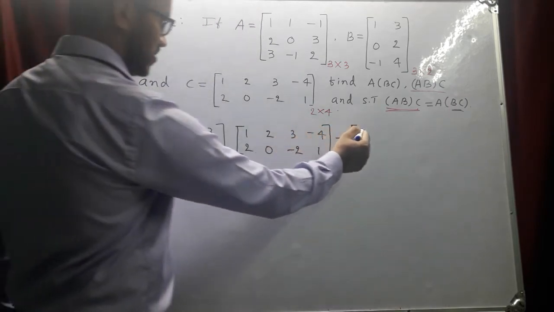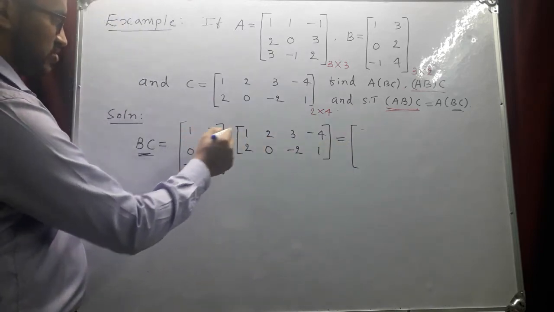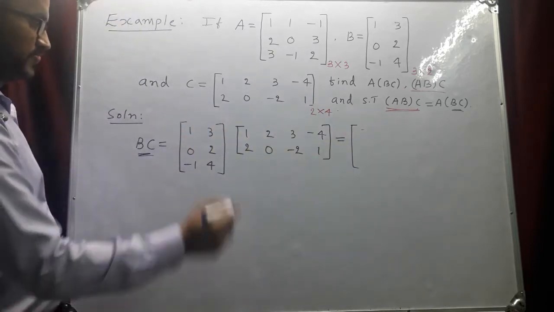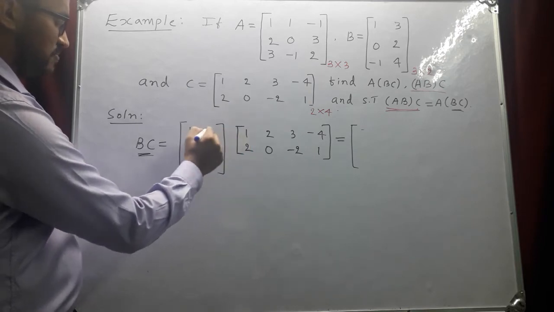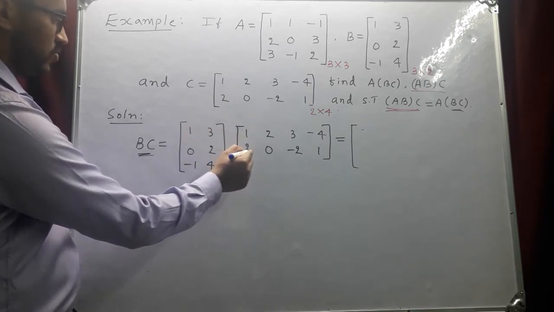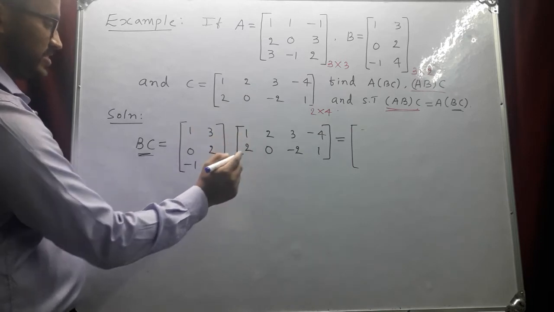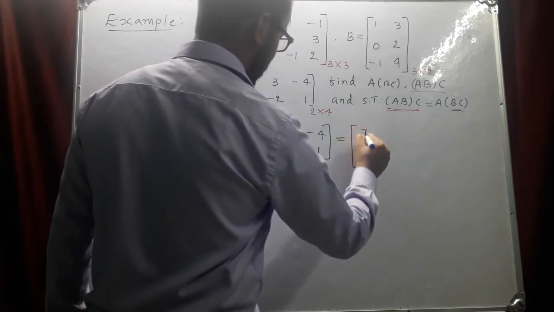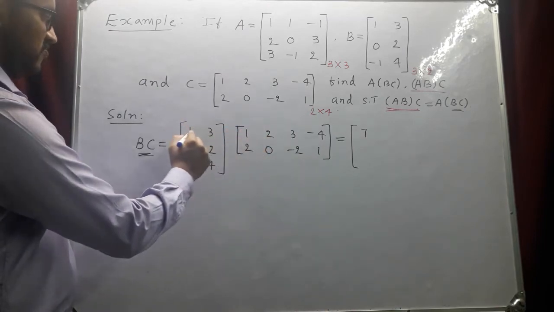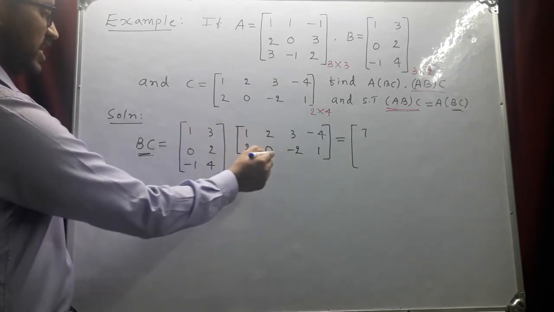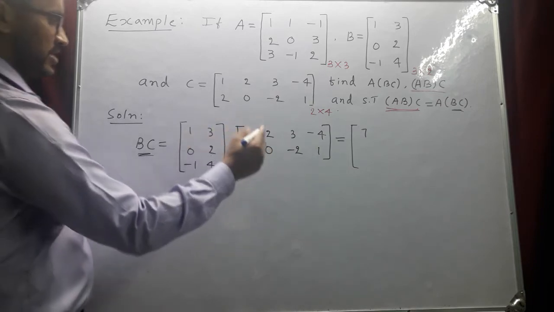First row elements, multiply first row with different columns. First row, first column. So what will we get? 1 into 1 plus 3 into 2, that is 1 plus 6, we get 7. Next element, first row, second column, 1 into 2 plus 3 into 0, that is 2.